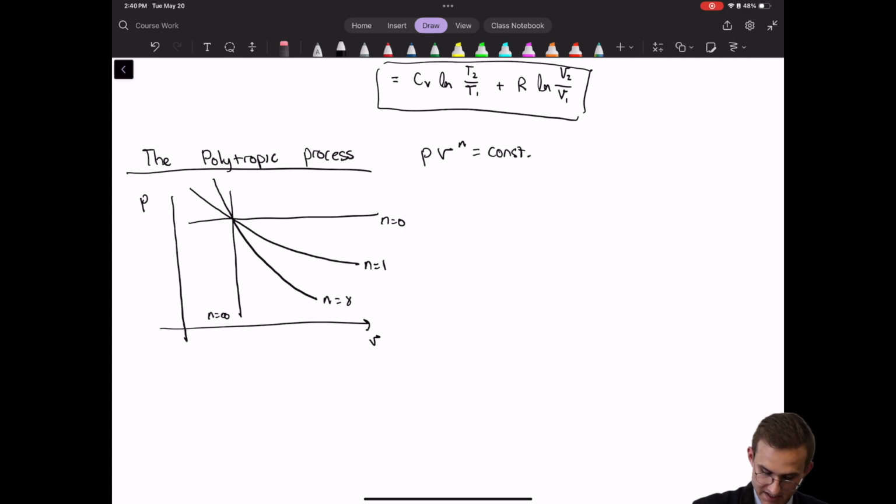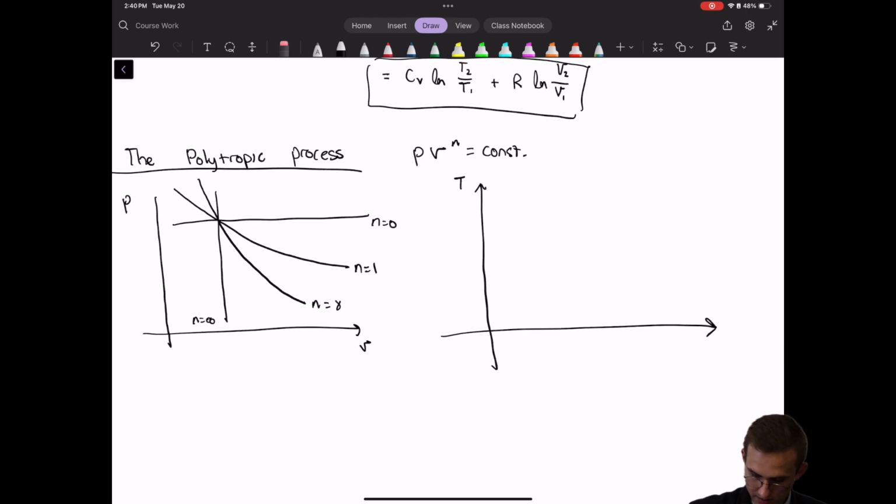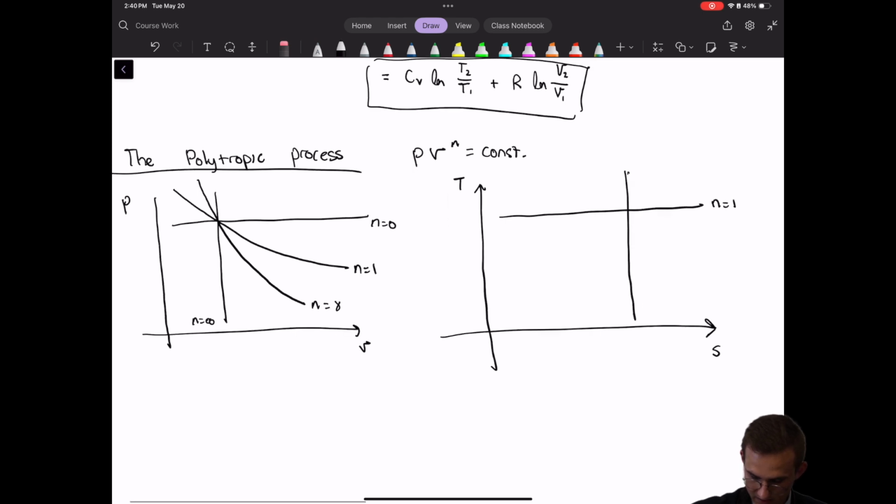And then in a TS diagram, the way this looks is the following, where we'll do the N equal 1 case here. If PV is a constant, then if you look at the ideal gas law, that means the temperature will also be constant. And then you have this vertical line. This represents N equal to gamma.